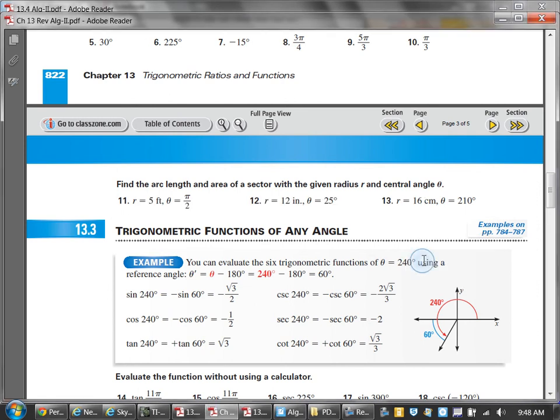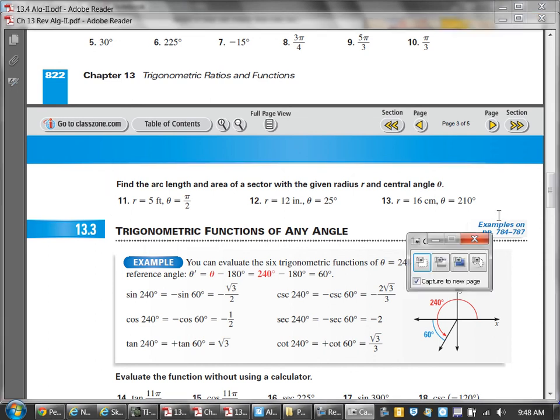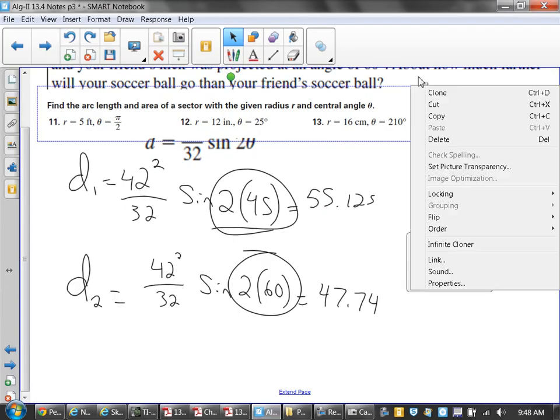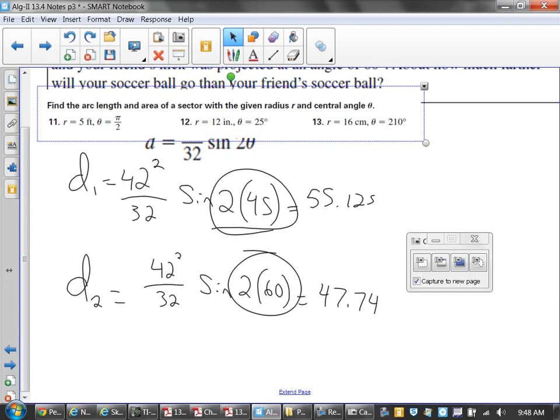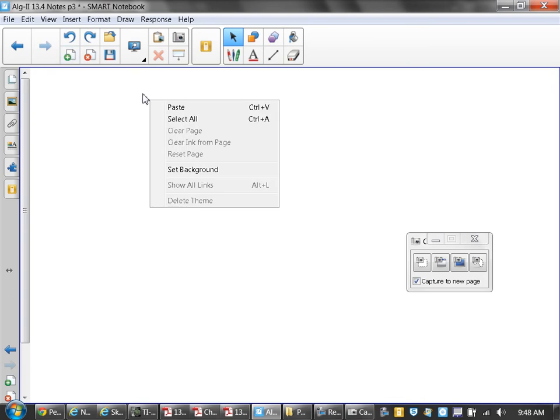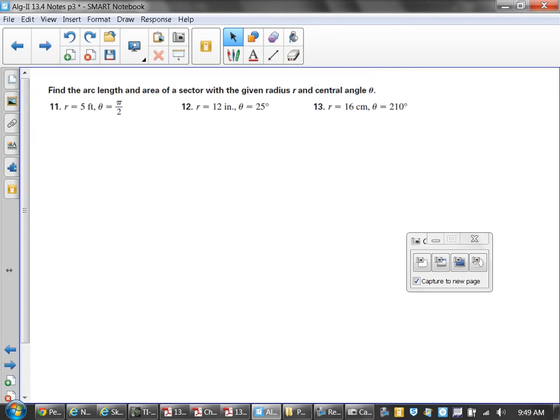What was the formula for arc length? You remember? R times theta. Something with theta, right? All right. How do you spell theta? Theta.